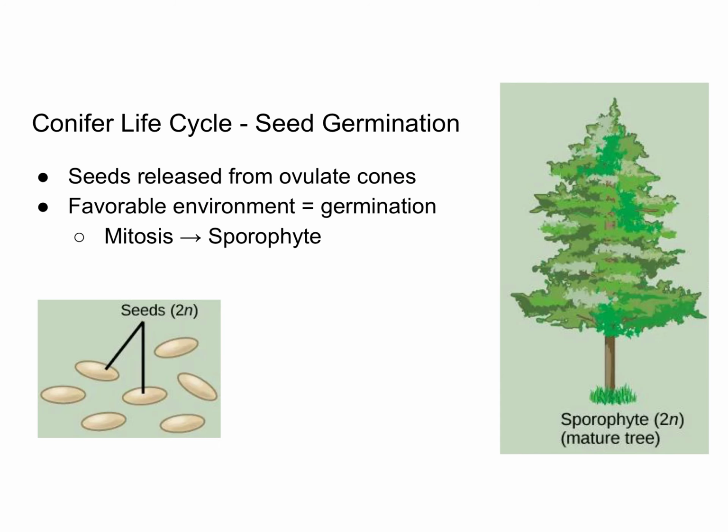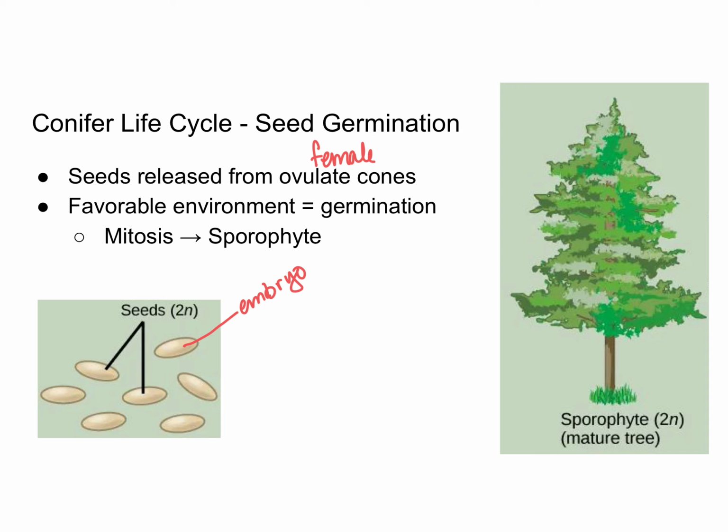So last but not least, we've got these seeds with the seed coat, and inside the seed coat is the developing embryo. Those seeds then get released from the female ovulate cones, where they are then carried to other places in the environment. And they might be carried by the wind or water or by animals. It just depends. And if they ultimately end up in an environment that is favorable, germination will occur.